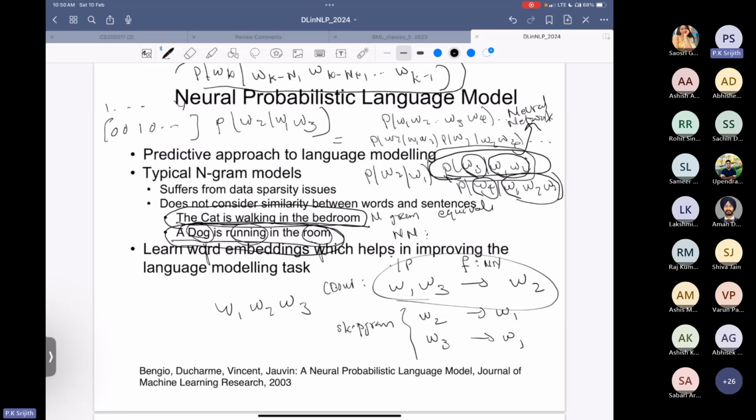That is the kind of capability that a neural probabilistic language model brings by making use of a neural network to obtain these conditional probabilities, and also learning a vector representation for the words.